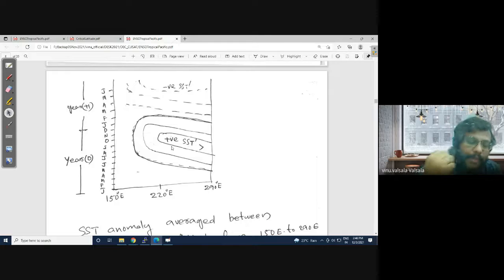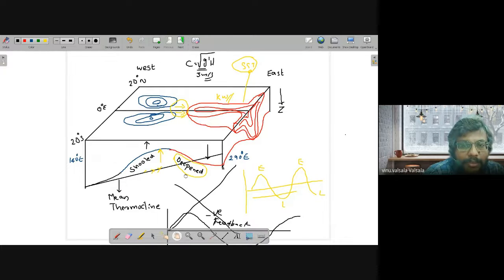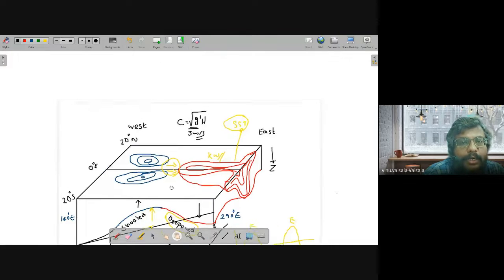Anyway, I'm not going to teach further into the El Nino theory because that is not our focus here. Our focus is to utilize what we have studied about the tropical dynamics of Kelvin and Rossby waves, simple linear theory, to understand a very interesting real-size phenomenon like El Nino, using the delayed oscillator theory.